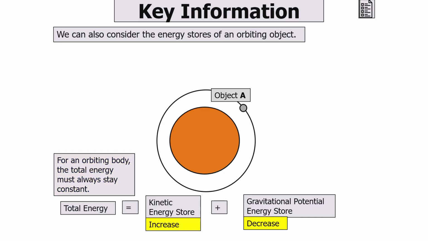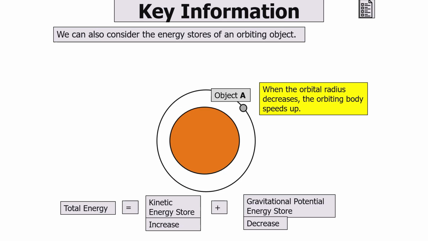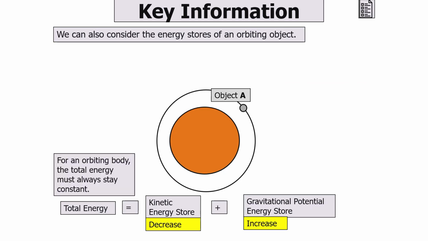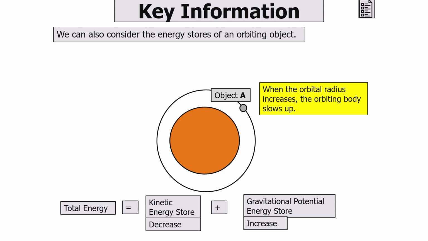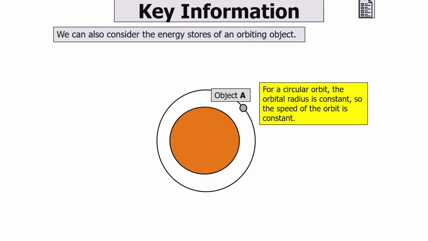So if the kinetic energy store increases, the gravitational potential energy store decreases. So when the orbital radius decreases, the orbiting body speeds up. Conversely, if the kinetic energy store decreases, our gravitational potential energy store increases. So when the orbital radius increases, the orbiting body slows. Now, for a circular orbit, the orbital radius is constant, so the speed of the orbit is therefore constant.